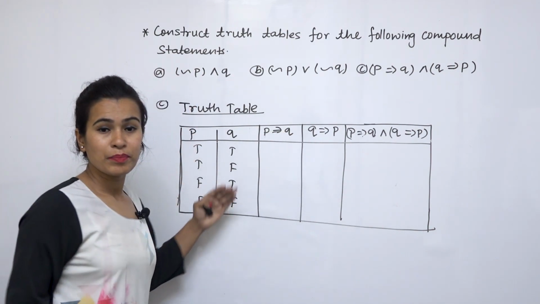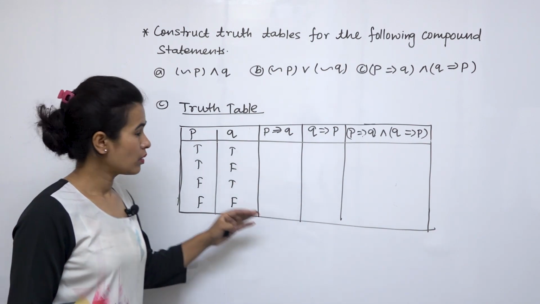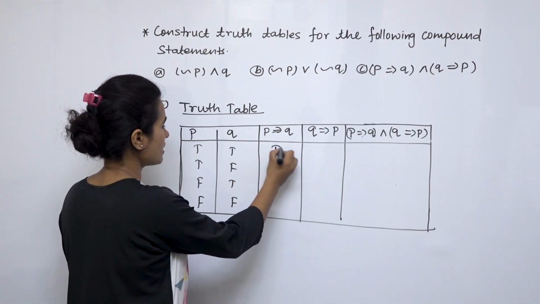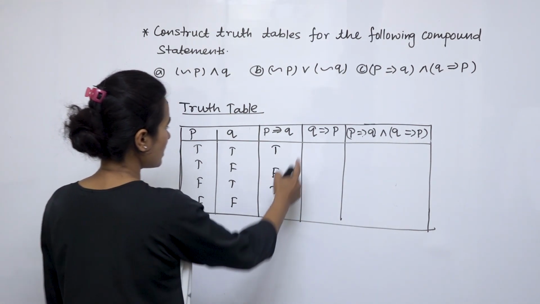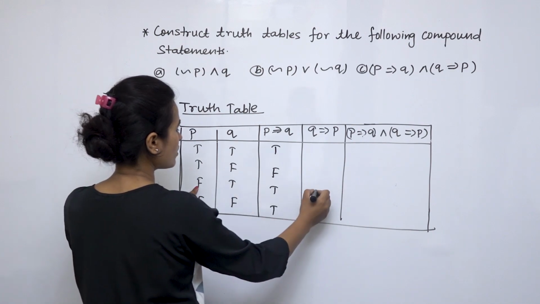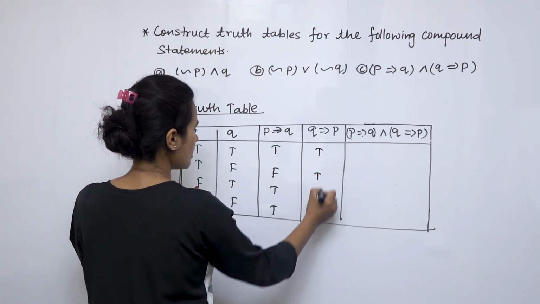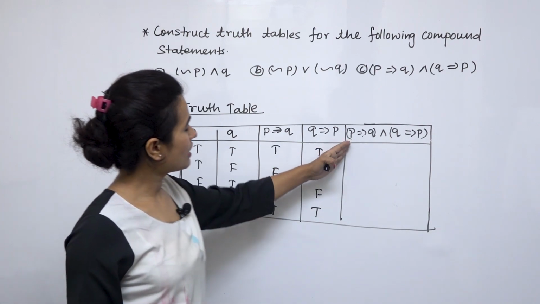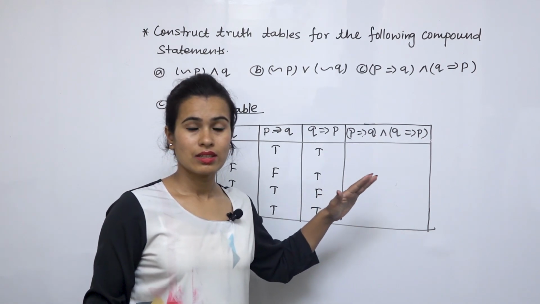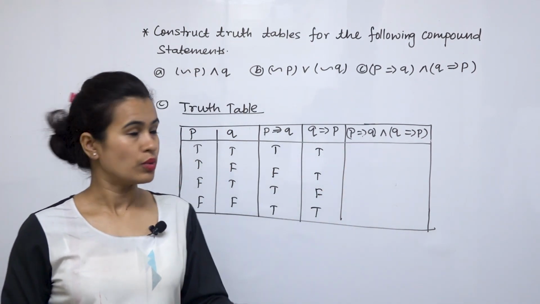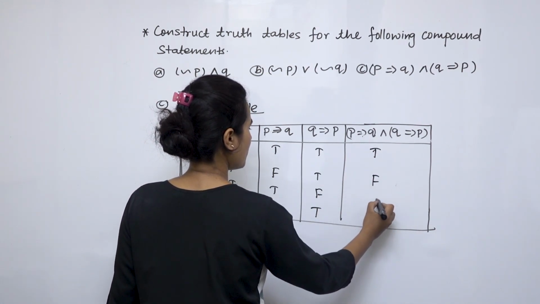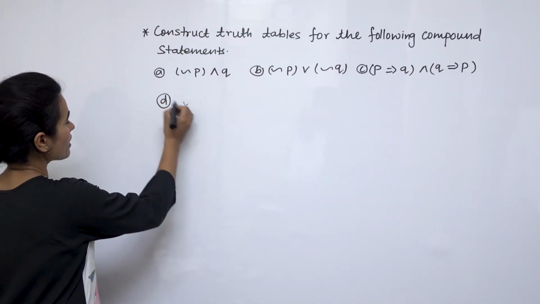In P then Q, if the hypothesis is true and the result is false, false. Otherwise in all cases true. Similarly in Q then P, Q is hypothesis and P is the conclusion. If hypothesis is true and the conclusion is false, false. Remaining all true. Now P then Q and Q then P. In and, if both the hypothesis and conclusion are true, the result is true, otherwise false. So F, F.